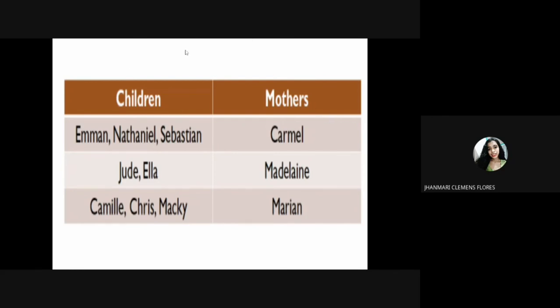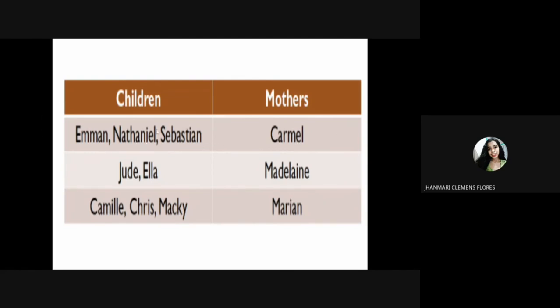However, don't be fooled by the graph that I made. This one is your x coordinate and the children are the y coordinate, obviously. So this is another way to picture domain and range way easier. The ordered pair for Carmel is Carmel, Ammon. Then we got Carmel, Nathaniel, Carmel, Sebastian.